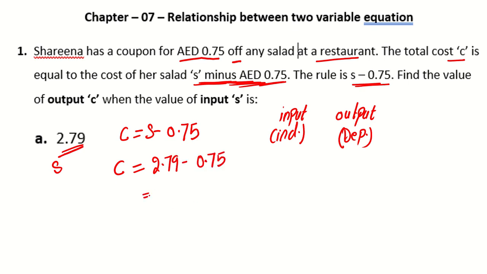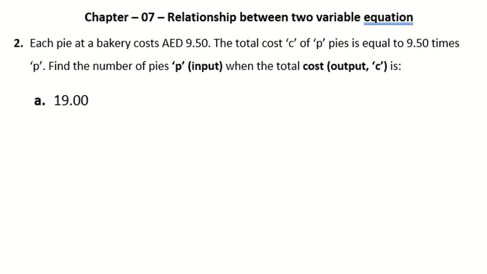Just subtract it: 9 minus 5 is 4, 7 minus 7 is 0, and 2 minus 0 is 2. So this is the value of output C when input S is 2.79.